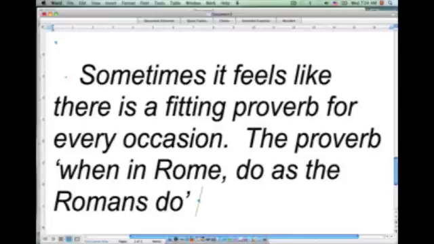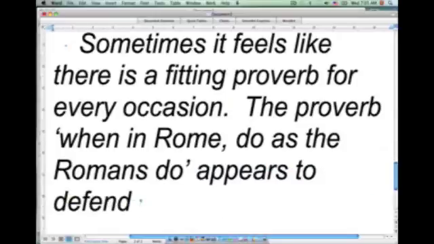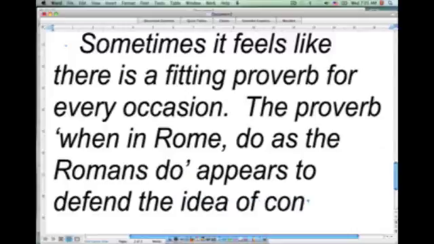To me, this looks like something that defends conformity to a certain extent, and that was the second part of our question. So perhaps we can link this proverb to the idea of conformity, and then we can present our thesis. So what if we wrote something like, this appears to defend the idea of conformity.